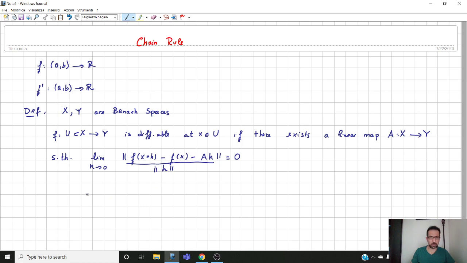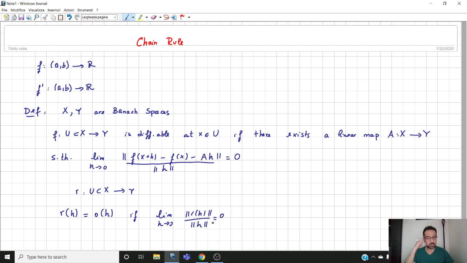And therefore, we can use an alternative definition in terms of small o notation. In order to understand what this means, we define a function, let's say r, from U minus x into Y. And we say that r(h) is equal to small o of h if the limit as h goes to 0 of the norm of r(h) divided by the norm of h is equal to 0.